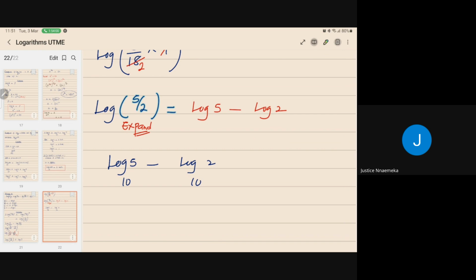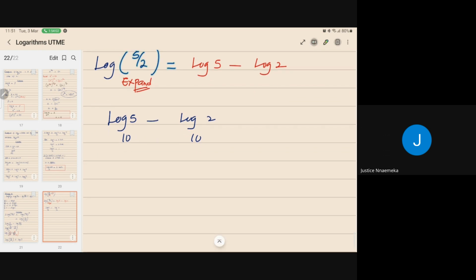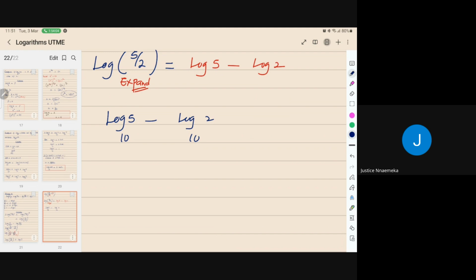Now, can we break this thing down further? Okay, instead of having this log 10 here, can I do this? Let's have log of 5 as the same thing as 10 over 2.